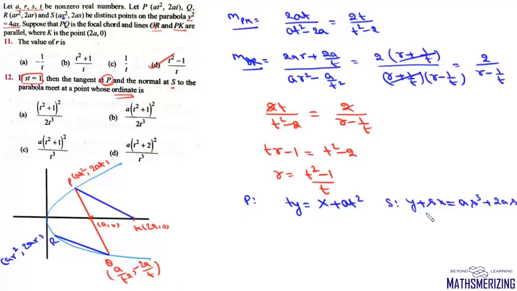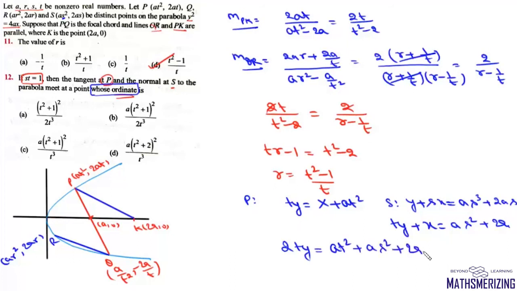Now it is given that s into t is 1. So we'll multiply it with t. So we'll write ty. Now s into t is 1, so it will be ty plus x equals a s square plus 2a. Now we need to find the ordinate of this point of intersection. So we have to eliminate this x. So we'll add these two equations. X will cancel. So we'll write 2ty equals at square plus a s square plus 2a.